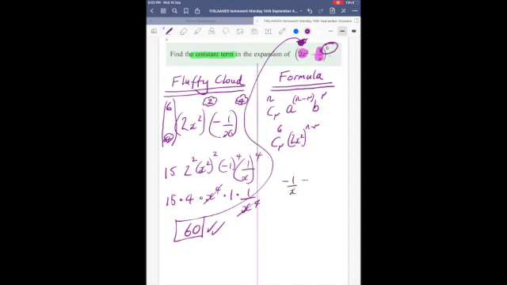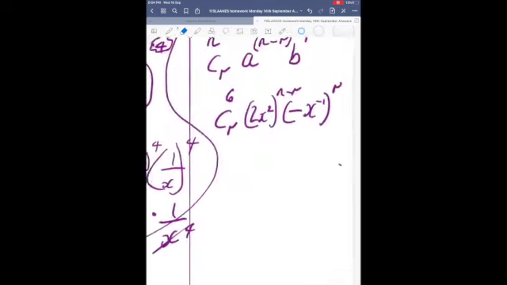So negative 1 over x, I'm going to change into negative 1 times x to the negative 1. Okay, that might help a little bit. So the second term is negative 1 x to the negative 1, and this is powered up to r. And so this is the formula method, and let's just have a little look at it.